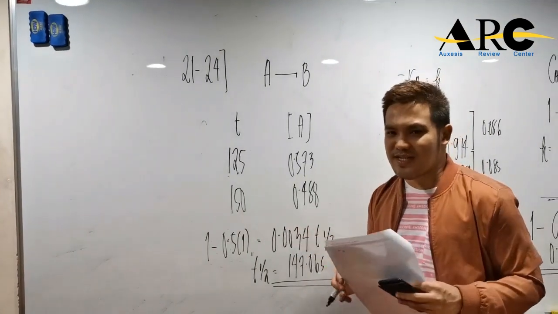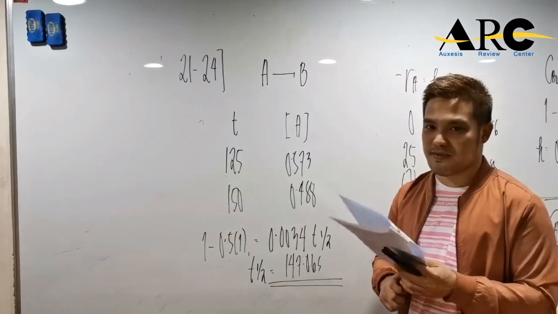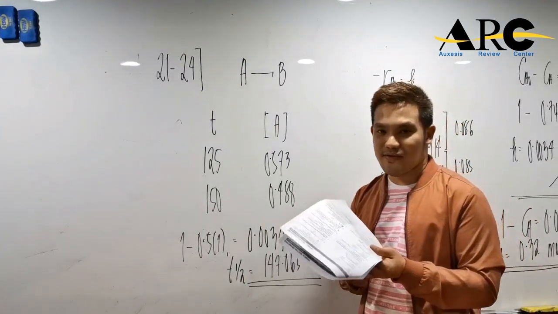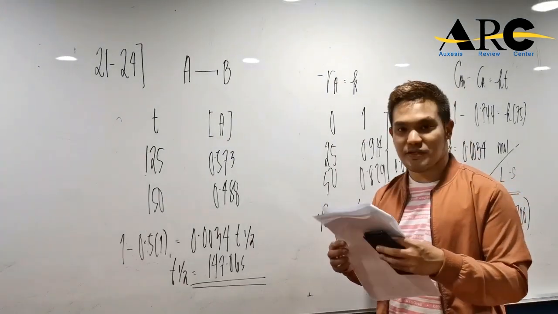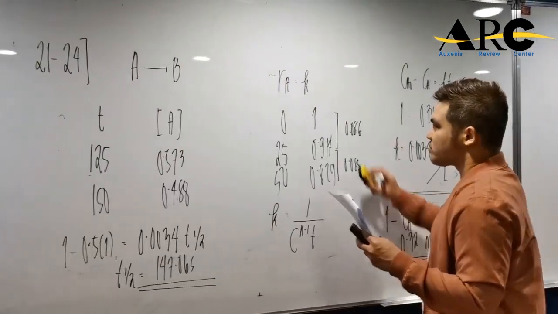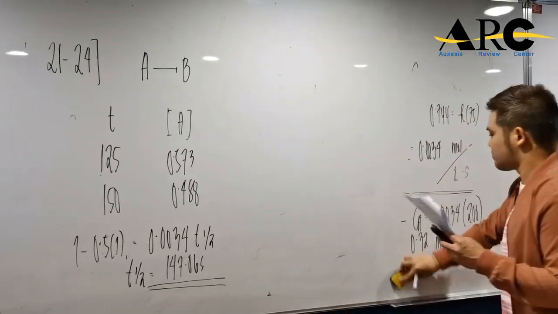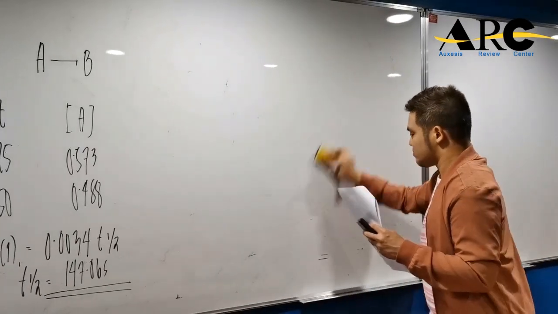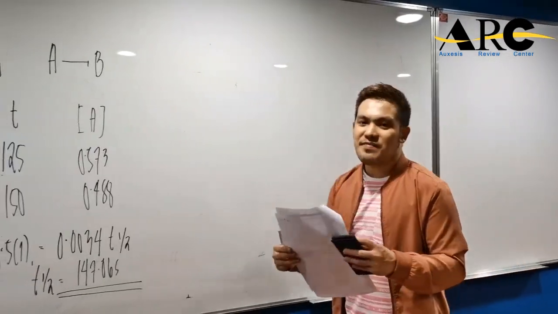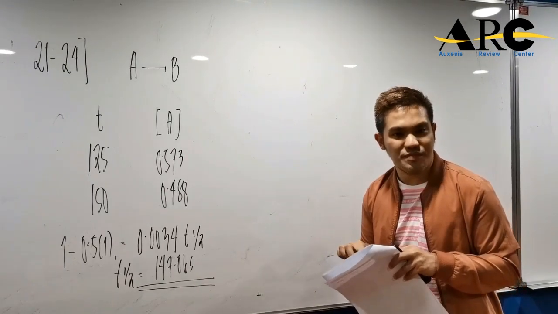Naalala nyo kanina, kailan nagbabago yung K? Once na nagbago yung temperature. Paano kaya tayo kukuha ng K once na nagbago yung temperature? We have the temperature-dependent term of a rate equation.